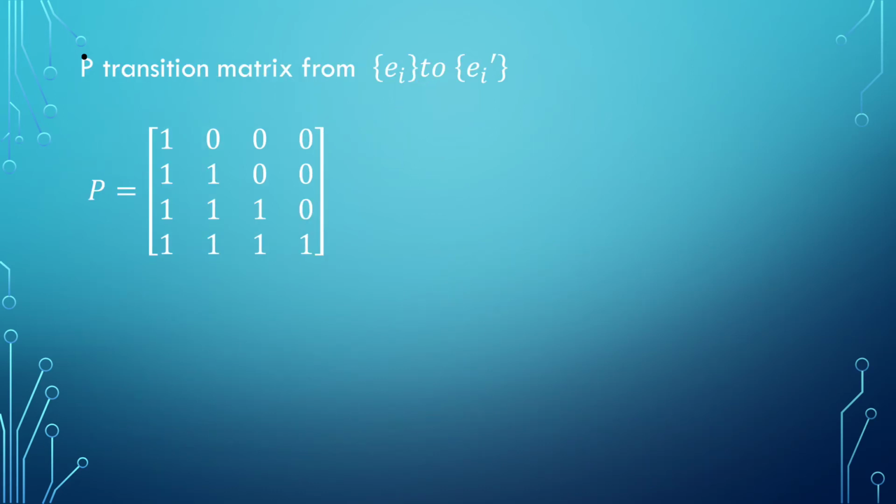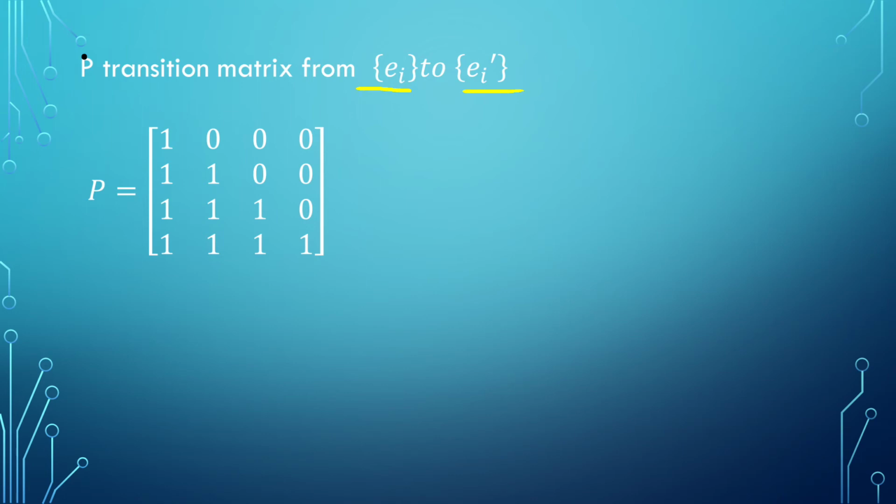So the transition matrix, which is P, is transforming E to E bar. From what we know, it is actually what we call a lower triangular matrix.